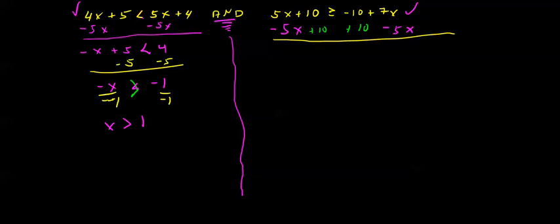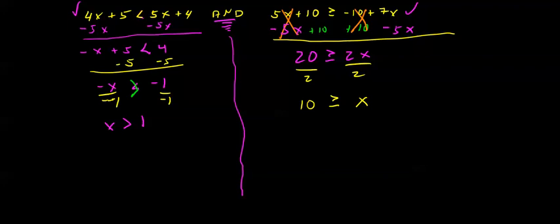Here, my x's cancel. Here, my 10's cancel. And I'm left with 20 greater than or equal to 2x. Divide by 2, divide by 2. And I end up with 10 smaller than or equal to x.